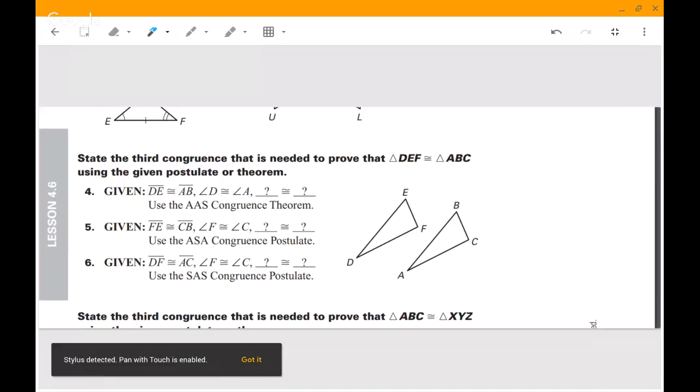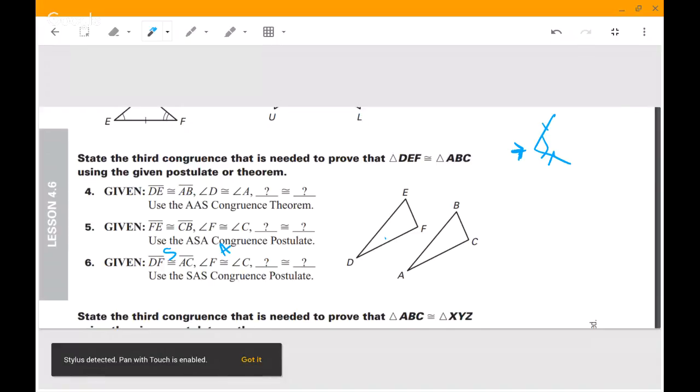So for number 6, again, they give us a side and an angle and want us to use side angle side, okay? So that's going to look something like this, right? Because side angle side is two sides, and the angle that's formed between them, the angle that's formed when they meet.